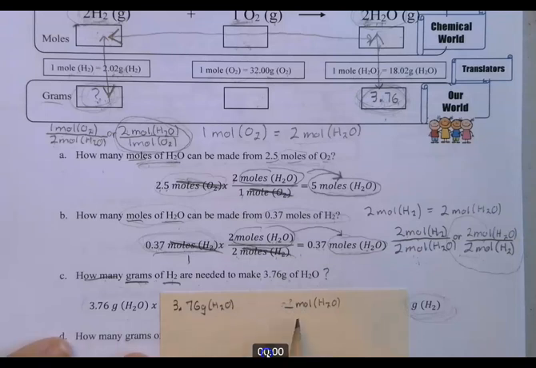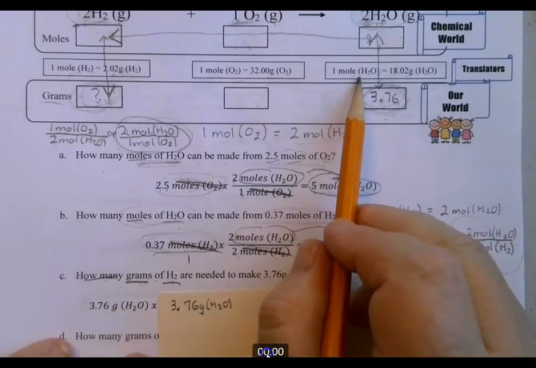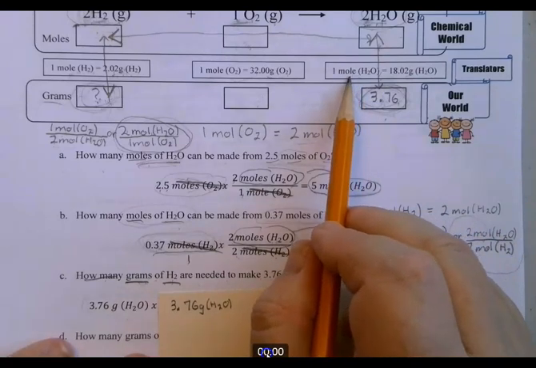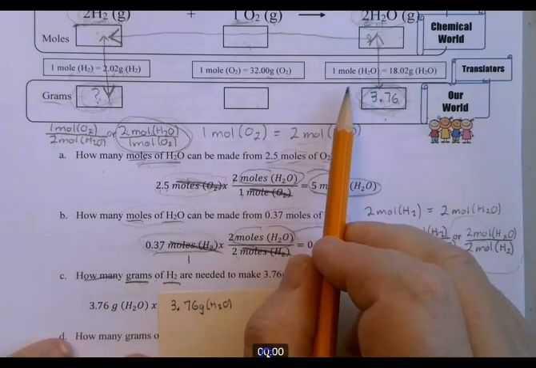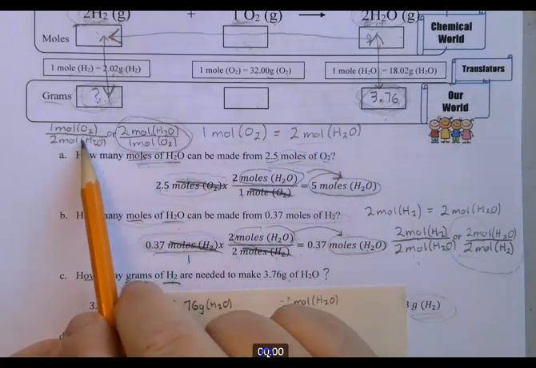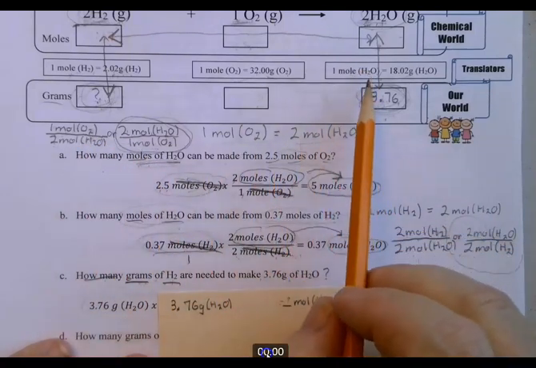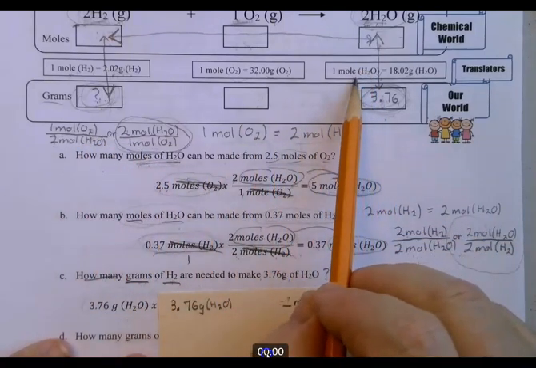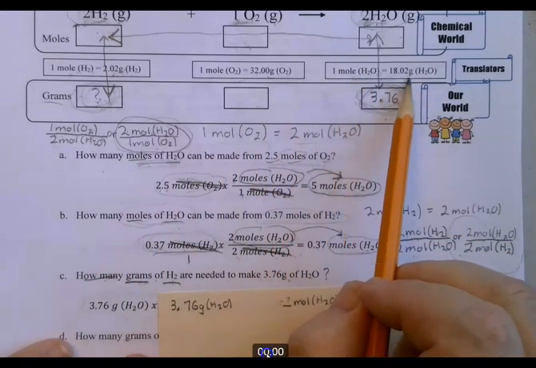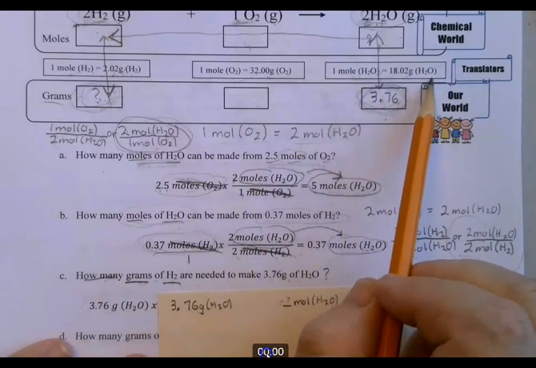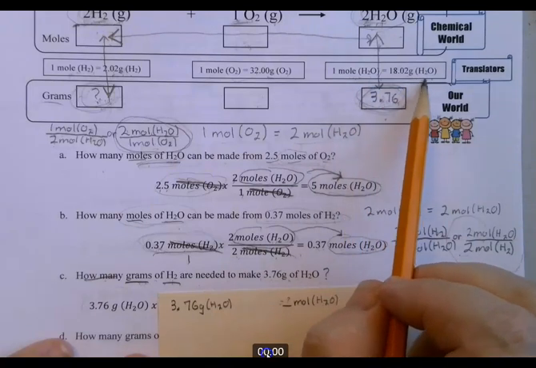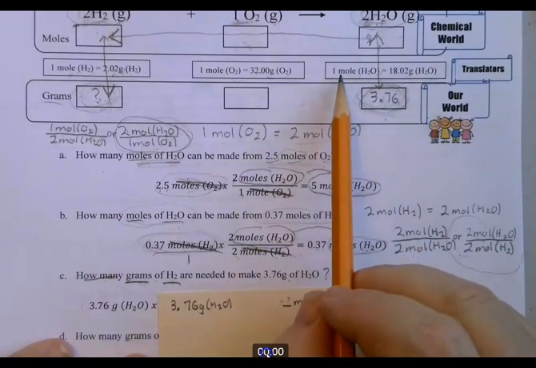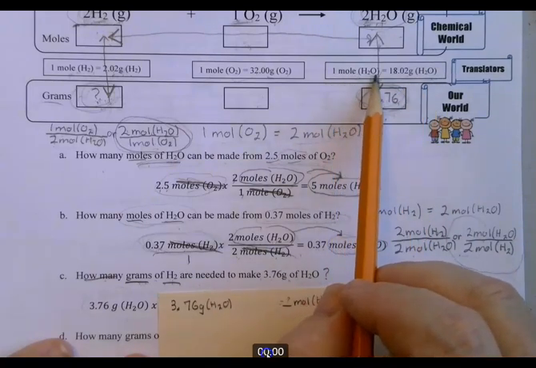So I need a conversion between grams and moles using this. I'm writing the same kind of fractions that I did here, so I'm not going to write them out, I'm just going to tell you what they are. I can either say there's 1 mole of H2O over 18.02 grams of H2O, or there's 18.02 grams of H2O for every 1 mole of H2O.